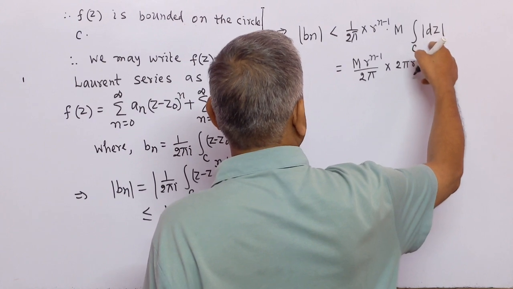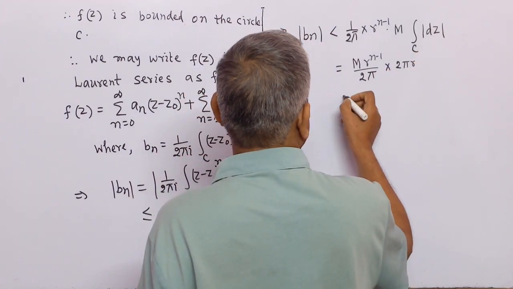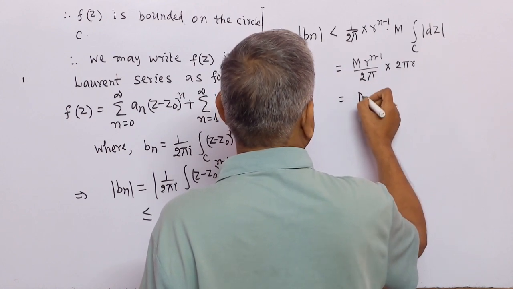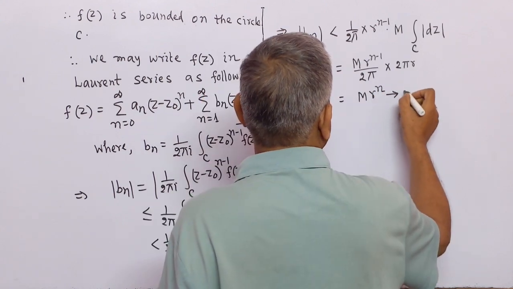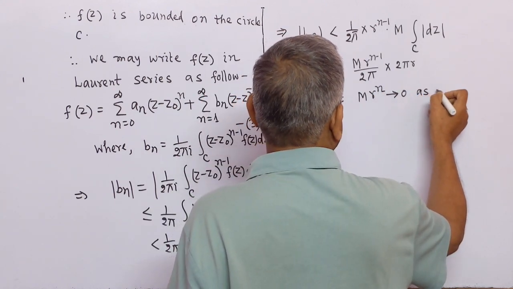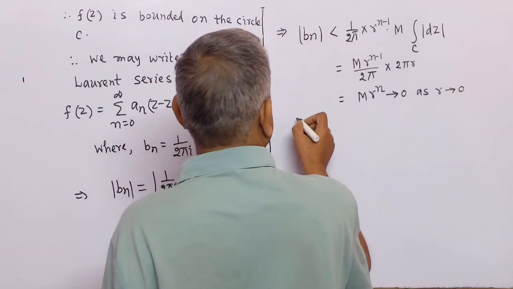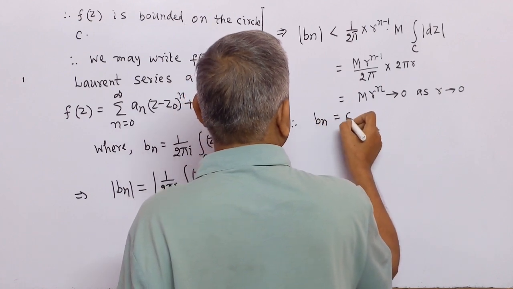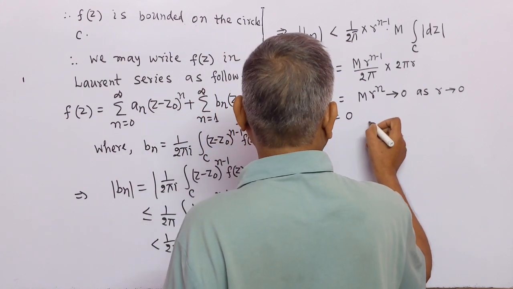This means circumference of the circle, and this is equal to 2 pi cancel, M r to the power n tends to 0 as r tends to 0. Therefore, b_n equal to 0. Let this be number 4.